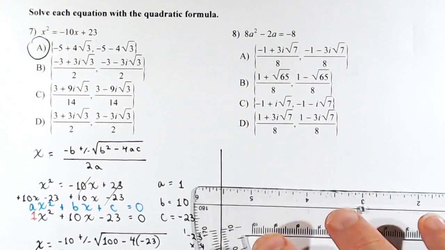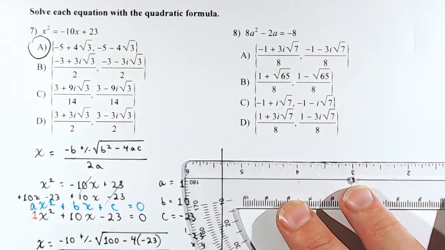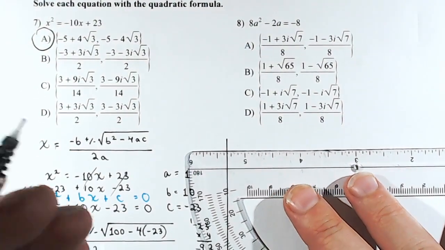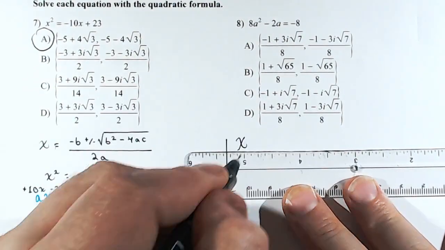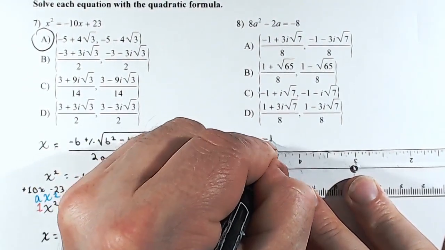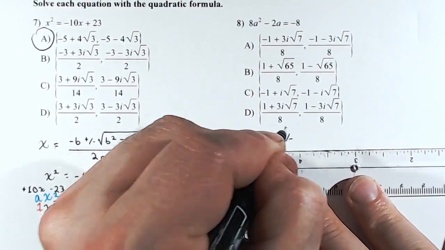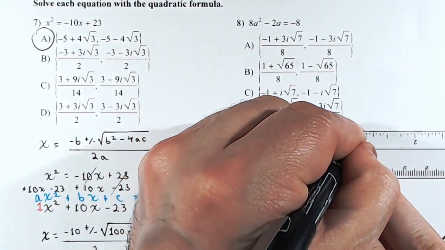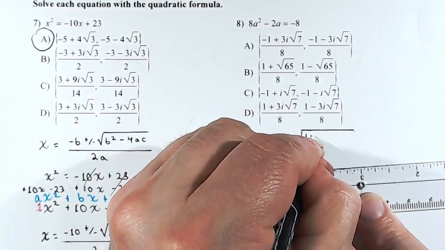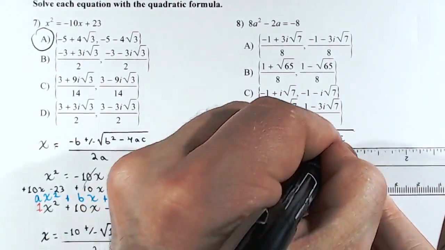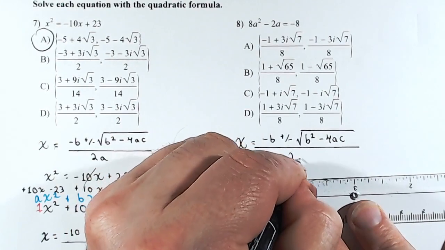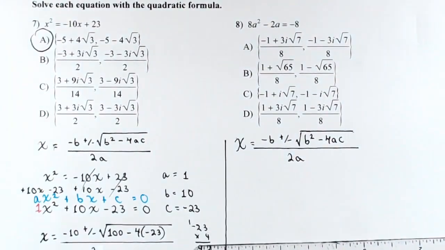We're going to apply the quadratic formula. So remember, x equals negative b plus or minus the square root of b squared minus 4ac all divided by 2a. You cannot go wrong this way.